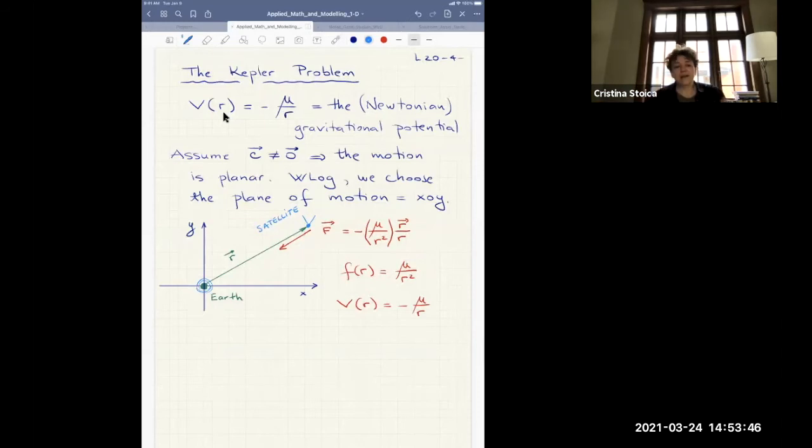So we're in an ideal setting. Another assumption is that the mass of the satellite does not affect in any way the motion of the Earth. I think we can be pretty sure that that's the case.